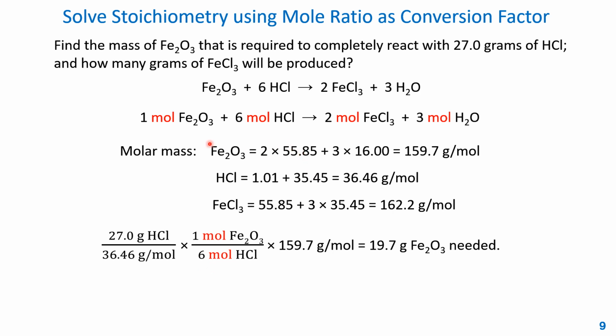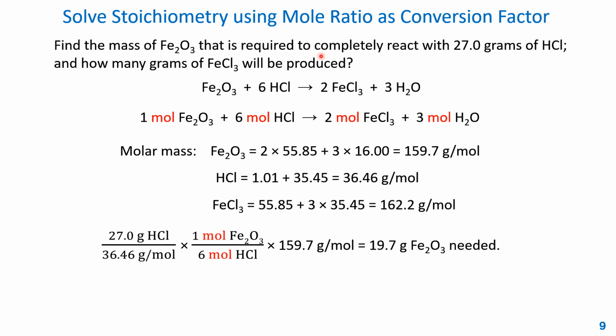It's here, 1:6, 1/6. And after this calculation, it gives you the moles of the iron(III) oxide. Then multiply with the molar mass of the iron(III) oxide. You can get the mass of this iron(III) oxide. I didn't show the stepwise, just to show it in one step.